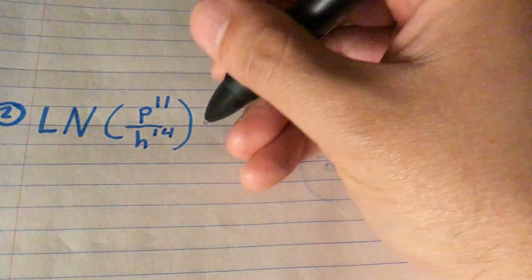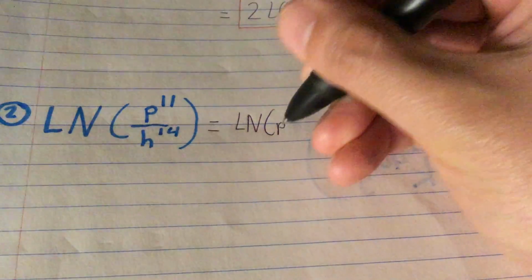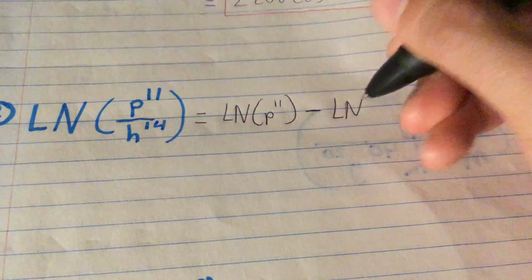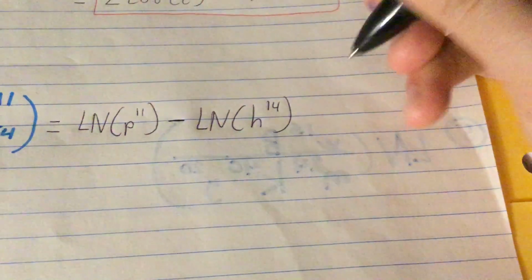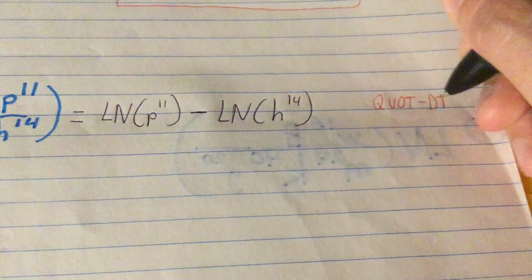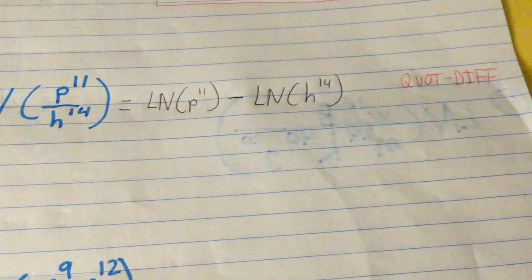So this becomes the natural log of the numerator, p to the 11th, minus the natural log of the denominator, which is h to the 14th power. And the reason I can do that is because of the quotient difference rule.